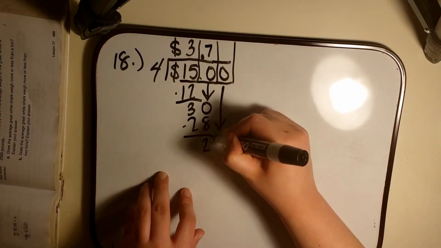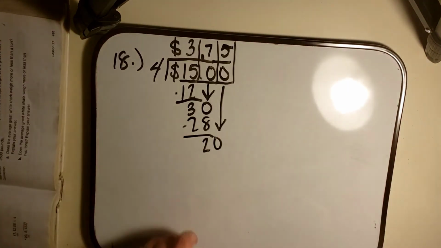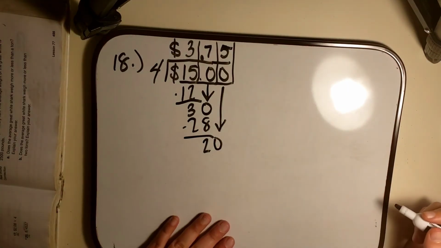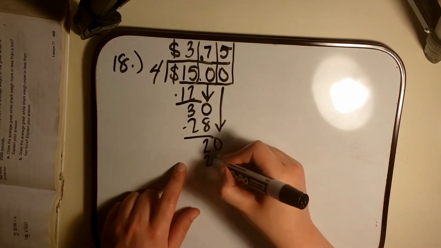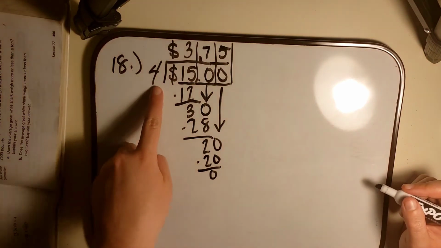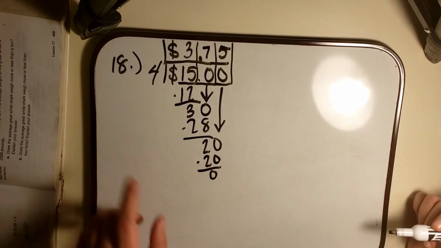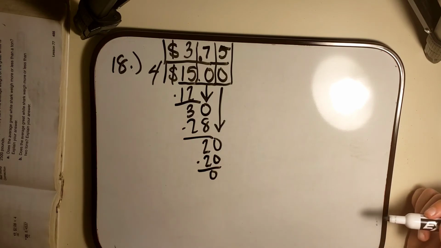Bring down that 0. And 4 goes into 20 5 times. Sorry, hopefully you can see that 5. And 4 times 5 is 20. We have nothing left over. So our answer then is $3.75. So $3.75 is your answer.